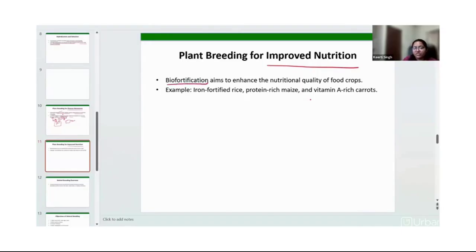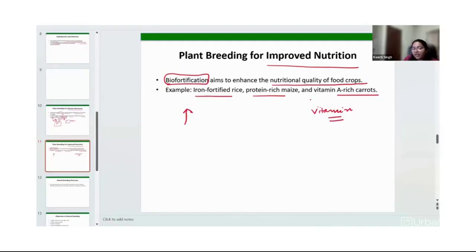Biofortification. This is known as biofortification when we are increasing the nutrient content of a particular plant, right? When the nutritional quality of the food crops is increased. For example, iron fortified rice, protein rich maize, vitamin rich carrots, right? Suppose a person is having deficiency of vitamin A, right?